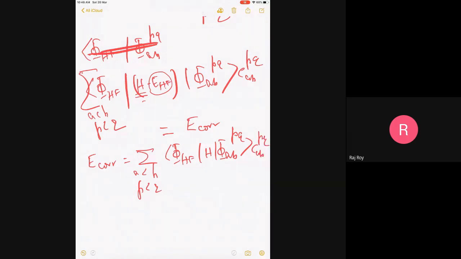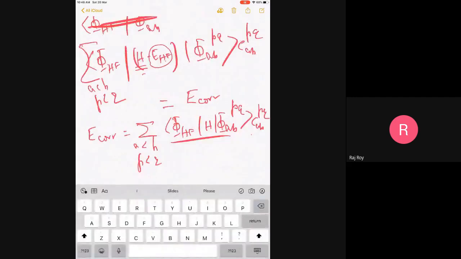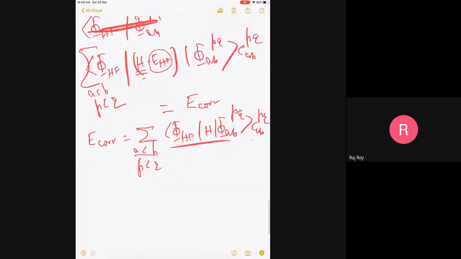If you remember your DCI correlation energy for the dimer or monomer, it was K12 times C. And there are two double excitations, so it was 2 K12 times C. Here, I'm just writing only one term. So this itself had two terms. A less than B, P less than Q was in center A and center B, so this comes with twice. But one of them was K12. I hope you can correlate this very easily, what we did.